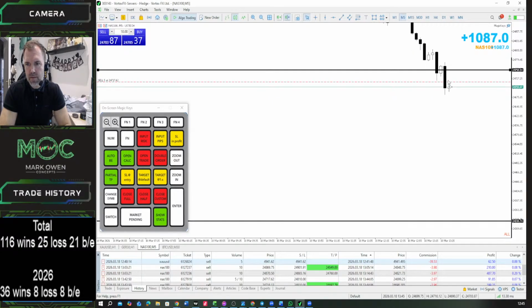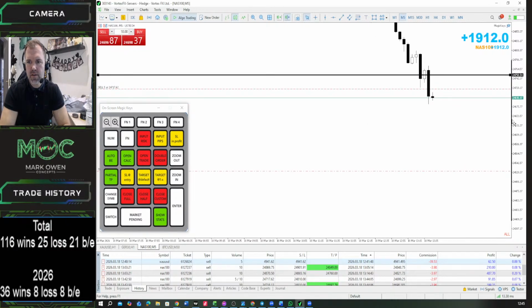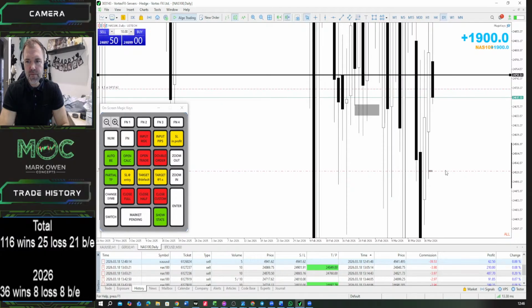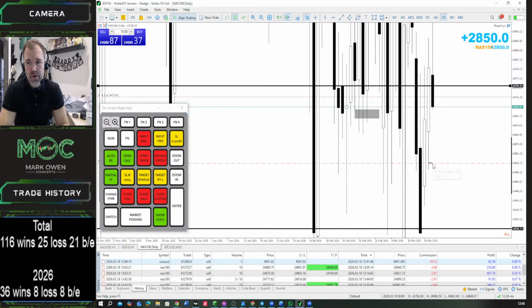Let me just move this a second if I can. I want to just bring an extended target out of the way. Right, back to stop loss at entry. Okay, so this I do think we could run a fair old way down based on NASDAQ daily, but it just depends whether you can see where I'm looking for yesterday's low in theory. We could even break that low, to be fair.